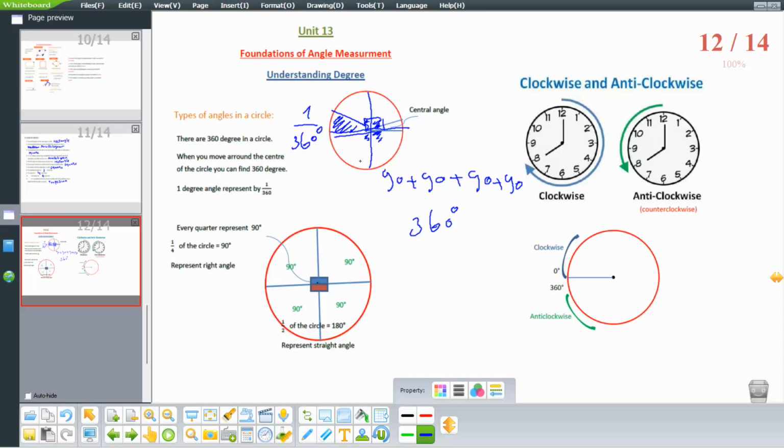We have here the degree. There are 360 degrees in a circle. When we move around the center of the circle, you can find 360 degrees, and we know how by using the right angles like this.